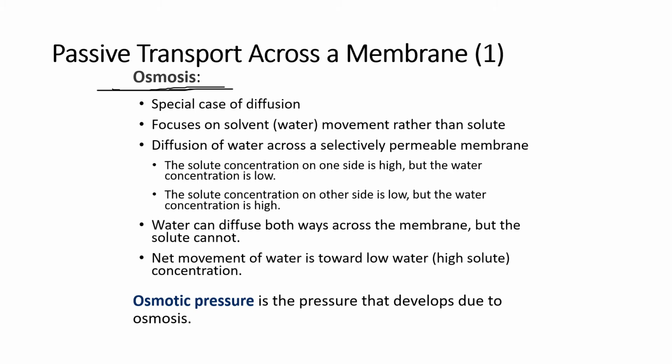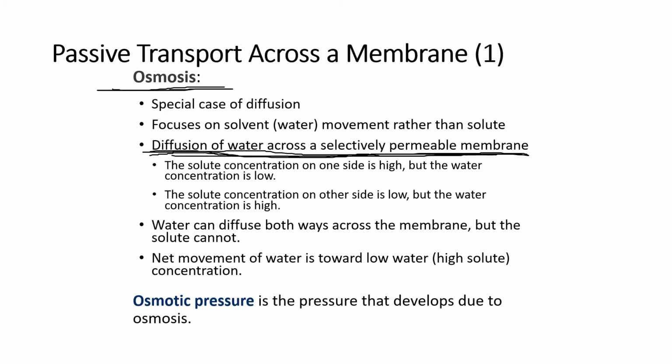And I want you to repeat after me, osmosis is not always good for our cells. It is the movement of water, specifically the diffusion of water across a semi-permeable membrane.